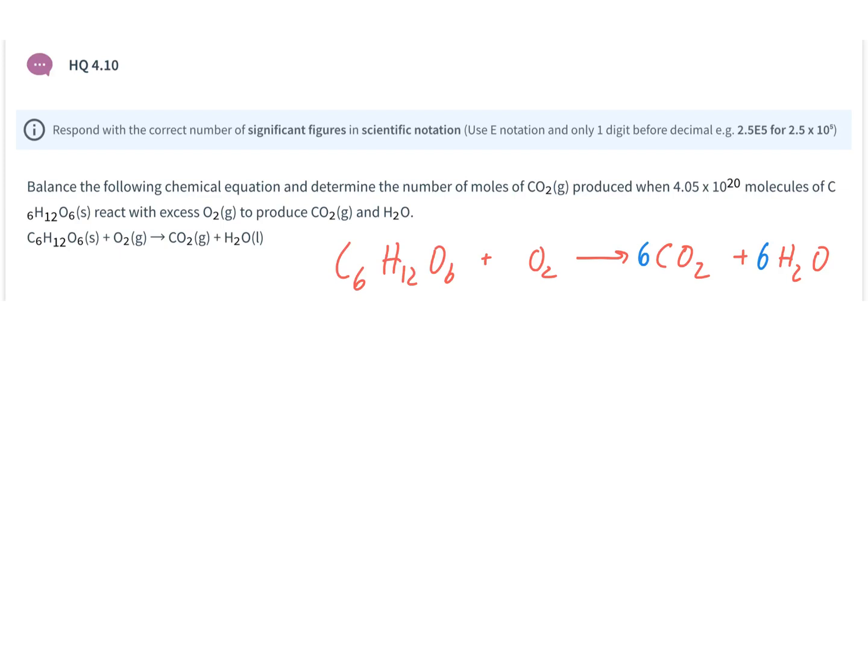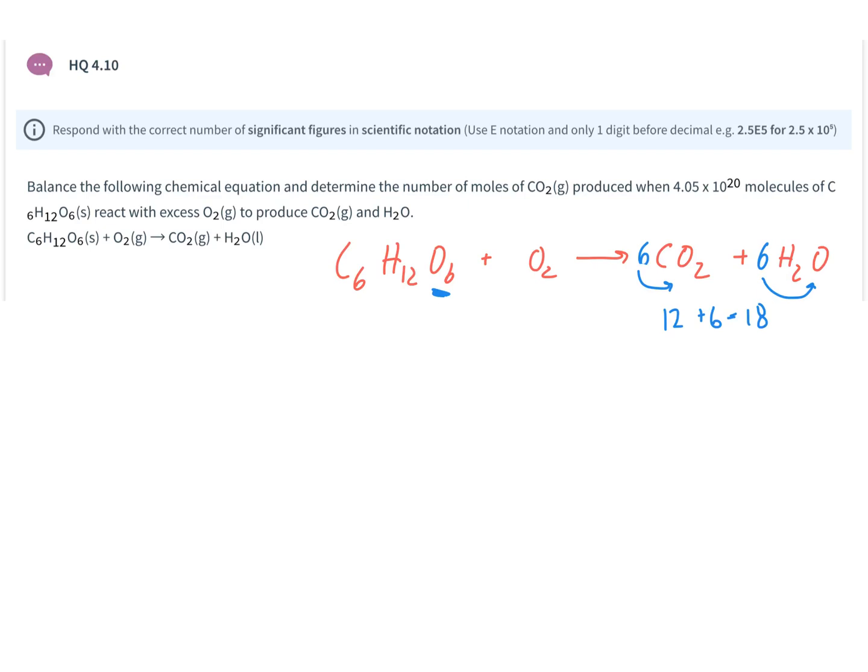Now let's account for our oxygen. I have 6 times 2 oxygen here, right? So I've got 12 oxygen here, and I have 6 times 1, plus 6 oxygen there, a total of 18 oxygen. However, if we look at the oxygens on the left side of the equation, we would see that we already have 6 oxygen in glucose.